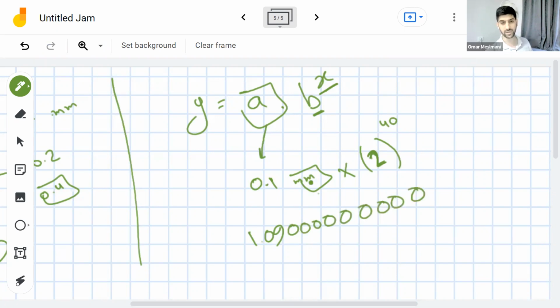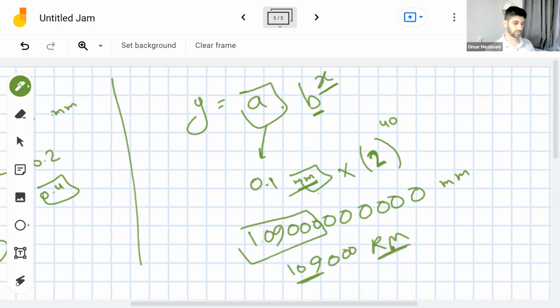The unit is millimeter. How can we change from millimeter to kilometer? By a million. So basically it's about 109,000 kilometers.